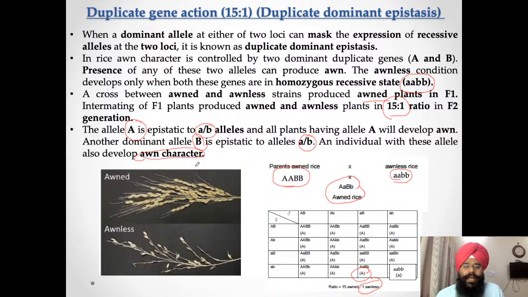Whenever capital A or capital B is present, as in all these cases, the awn character is present, but only in this case, where you have small a small a, small b small b, is it absent.